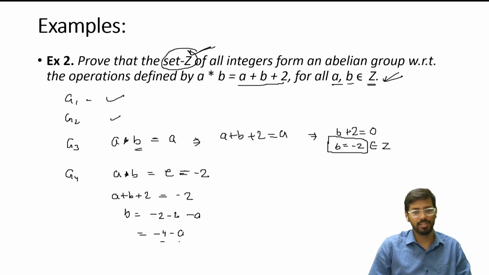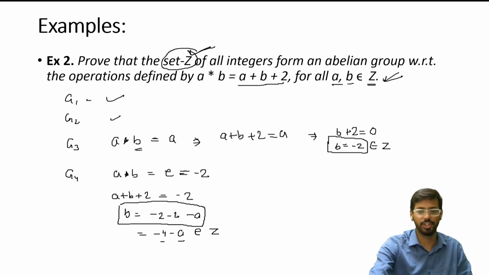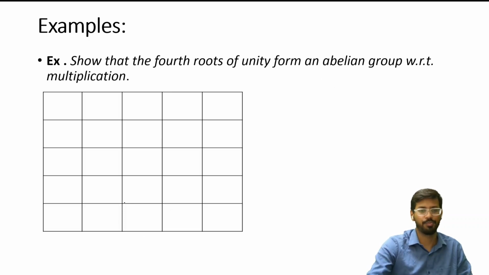Here 4 is an integer, 2 is an integer. Addition of these two integers will also be an integer. So this belongs to Z. So the identity and the inverse element also belong to the same set Z. So all four properties are satisfied in this set, so we can call this set a group.